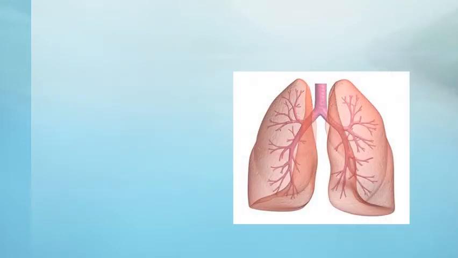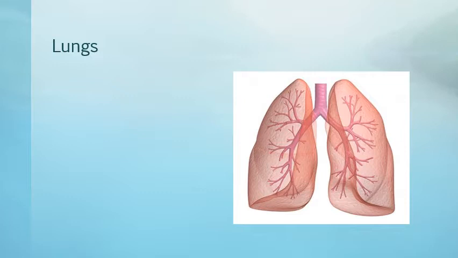Now, this is the lungs. We have two lungs, the right lung and the left lung. The right lung has three lobes, while the left lung has only two. Its function is to accommodate room for the heart, according to the American Lung Association.